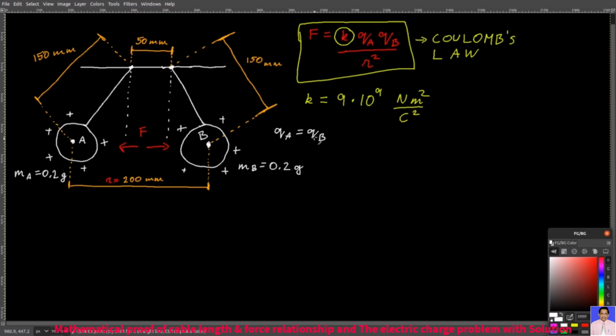And so since we assume that QA equals QB, we can just call it Q. So this formula becomes F equals K times Q squared over R squared.